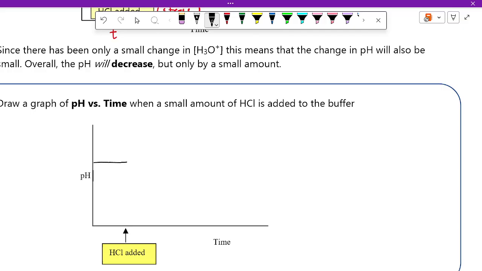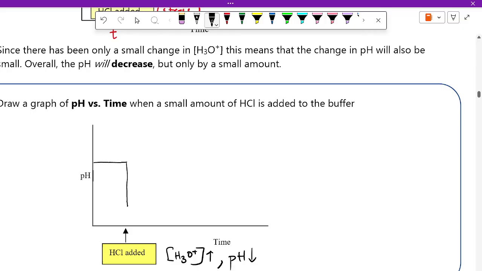What happens at time t? H3O+ went up. So what happens to pH? pH goes down.